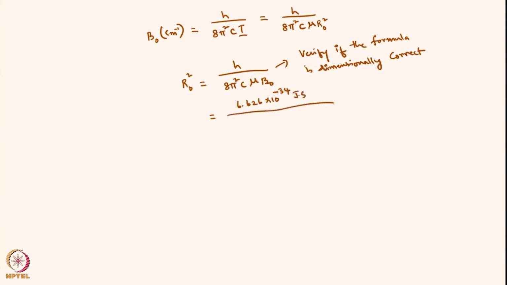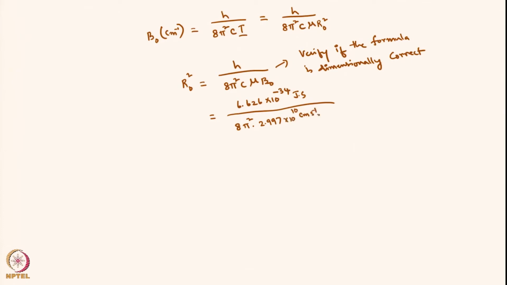It is an action constant. Then 8 pi square, and c is 2.997 times 10 to the power 10 centimeters per second, since I am looking at centimeter inverse, so I need the speed of light in centimeters per second.